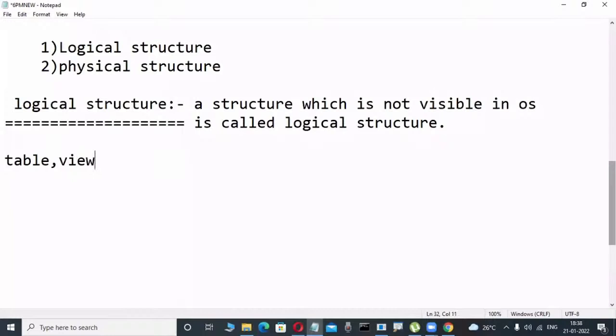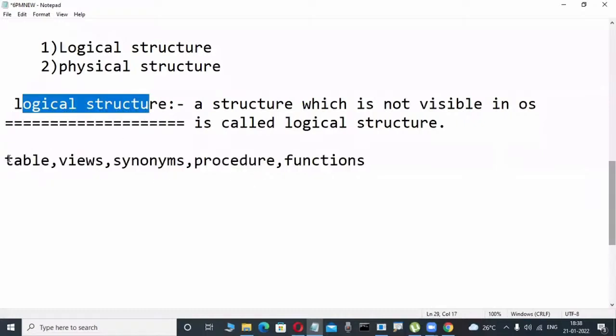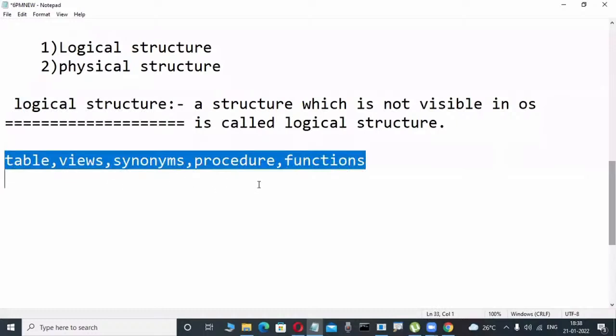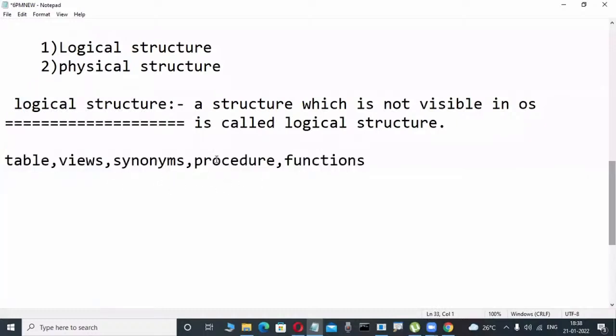Views are there, synonyms are there, indexes are there. These are all database objects. Procedures, functions, triggers, packages, so many things. These are all logical structure. That is not visible in the operating system. Whatever objects we are learning in this course are not in the operating system.